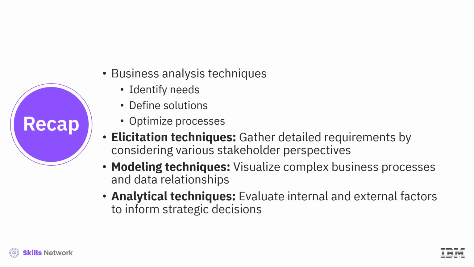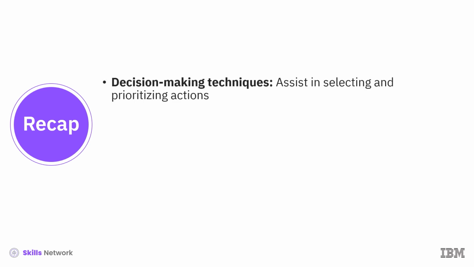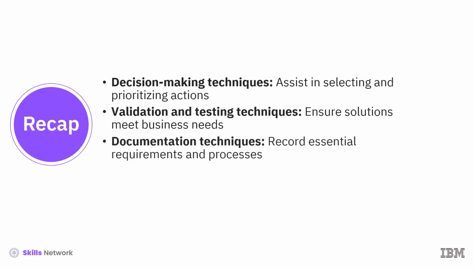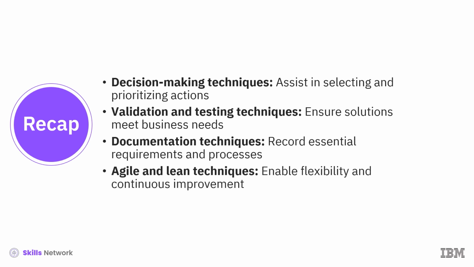Analytical techniques evaluate internal and external factors to inform strategic decisions. Decision-making techniques assist in selecting and prioritizing actions. Validation and testing techniques ensure that solutions meet business needs. Documentation techniques record essential requirements and processes. And finally, Agile and Lean techniques enable flexibility and continuous improvement.